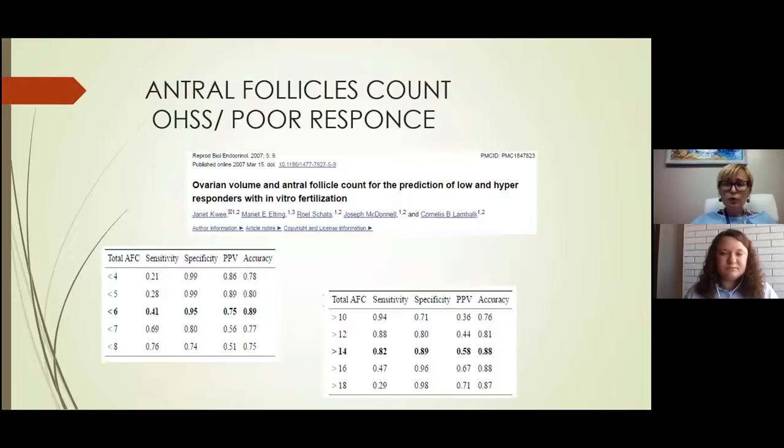So antral follicle count is very useful to predict ovarian reserve, poor ovarian reserve, and as well ovarian hyperstimulation.